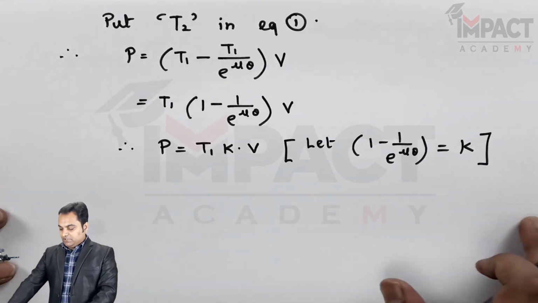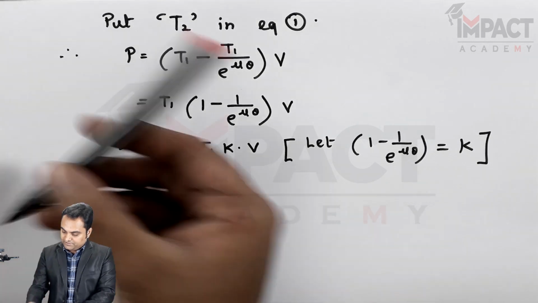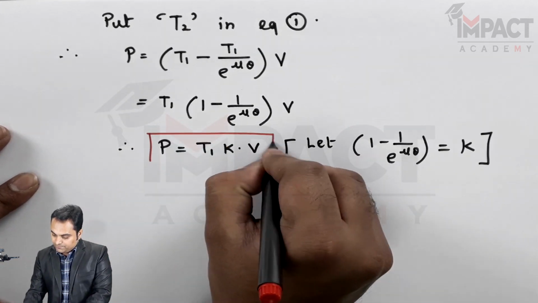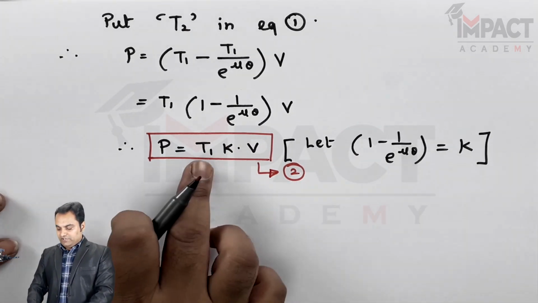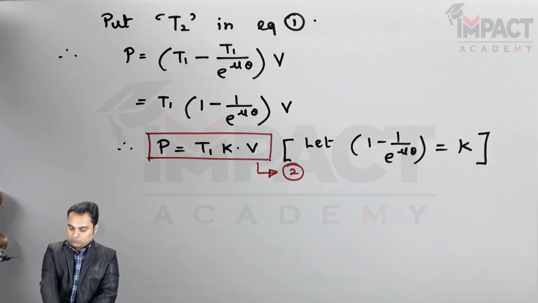I'll keep this as the second equation, and now I'm going to find T1 by using the formula for maximum tension in belt.